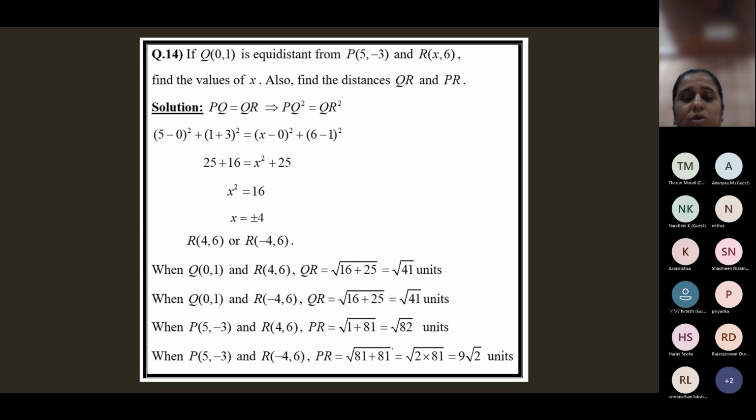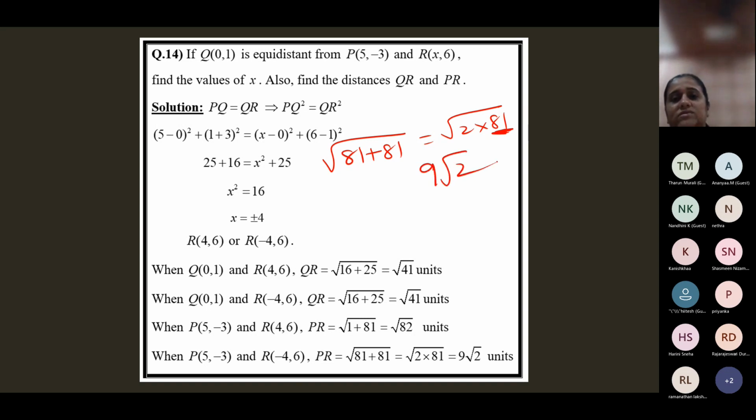What you can also do is, when you have square root of a perfect square, 81 plus 81, you can write this as 2 into 81. So you're not disturbing the perfect square. When you add 81 plus 81, you're disturbing the perfect square. So when you don't add and write it as 2 into 81, now 81 comes out of the square root as 9, root 2 units.